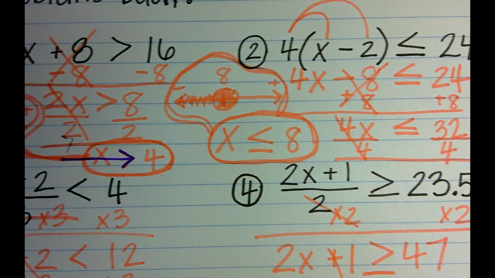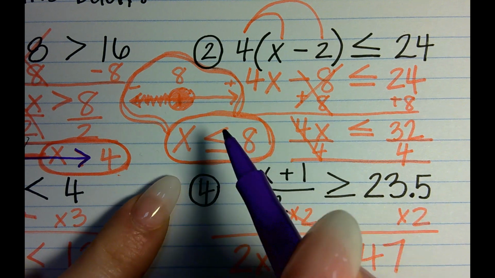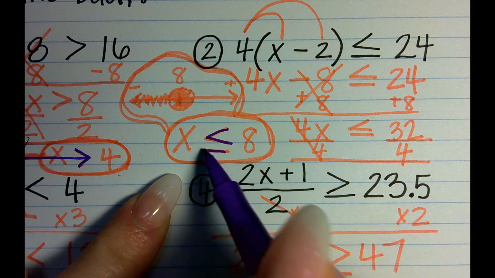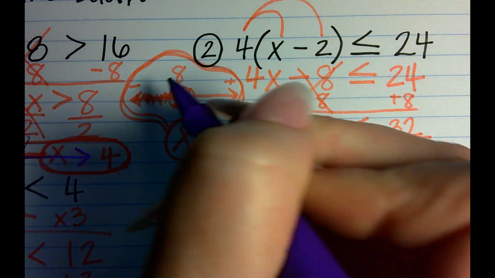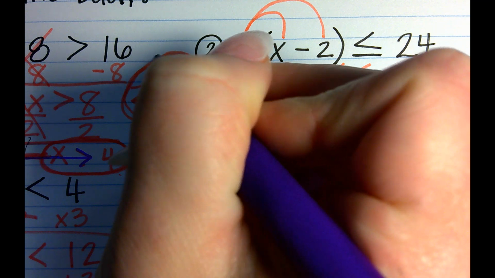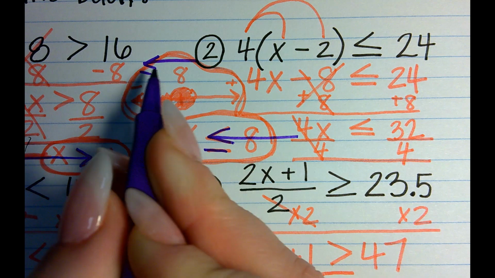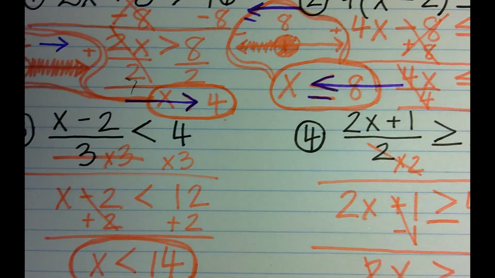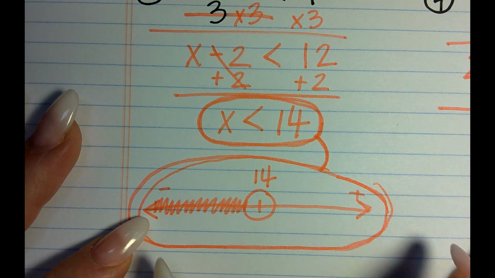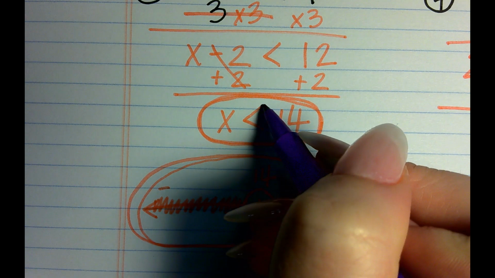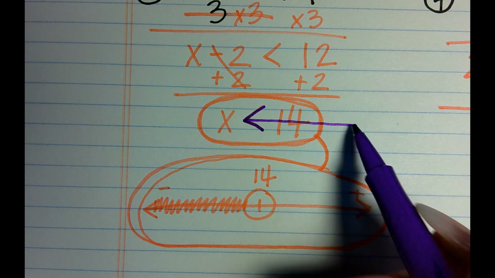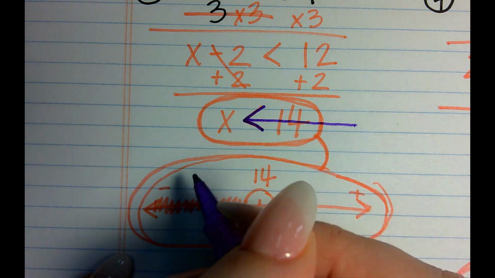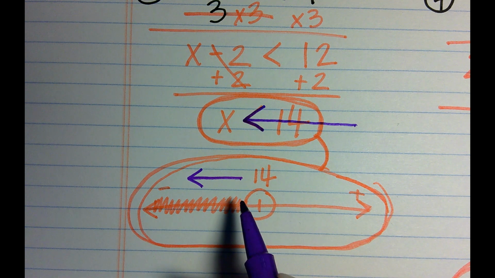On number 2, my symbol is pointing to the left, so we shaded to the left. On number 3, my symbol is again pointing to the left, so we shade to the left.